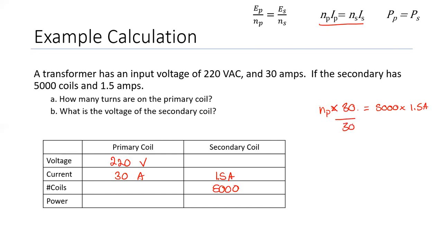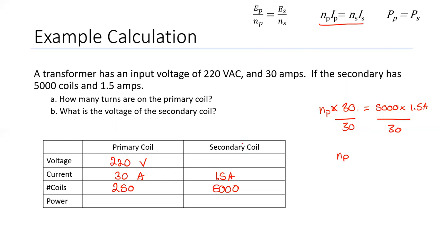Divide by 30, the current on the primary. 5,000 times 1.5 divided by 30 gives us 250. The coils are increasing, so this is definitely a step up.